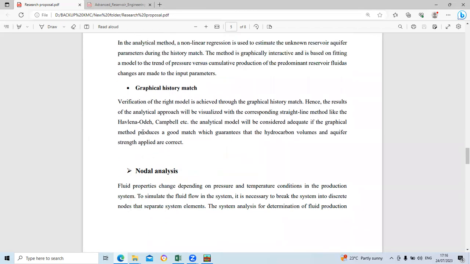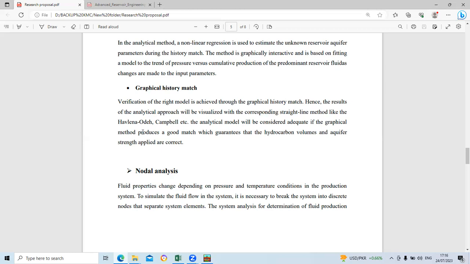So graphical history matching comes in more or less to confirm what we have under analytical history matching. We have a series of plots that we can look at, to see how these plots have also matched with the history data.